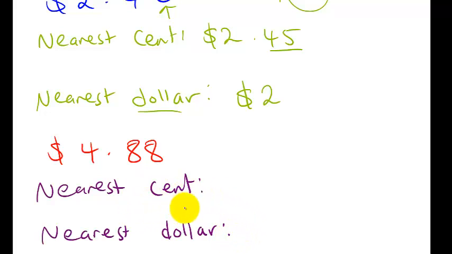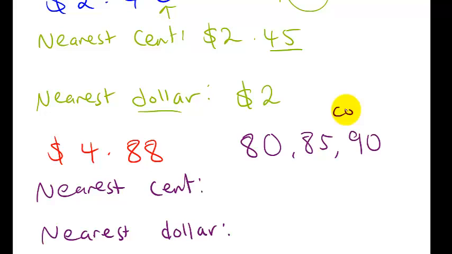So to the nearest cent, again, 88. Give me the 3 cases it can be. Let's understand those 3 first. It could be either 89, no, we don't have 89 cents in Australia. Come on. It could either be 85, 80, or 90.